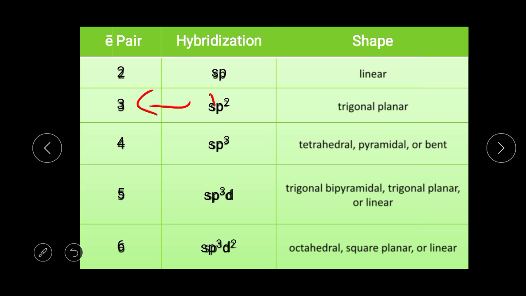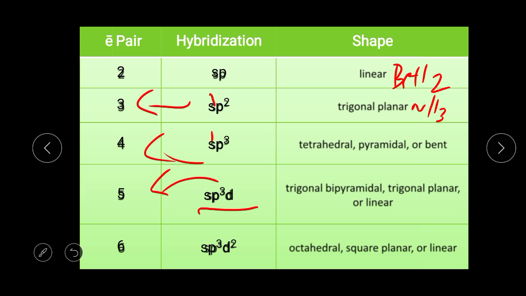For four electron pairs, 1s and 3p, so 3 plus 1 is 4, the geometry can be tetrahedral, pyramidal or bent, for example CH4 and NH3. Then sp3d has 5 electron pairs, with trigonal bipyramidal geometry, for example PCl5. If there are 6 electron pairs, the geometry will be octahedral, such as SF6.